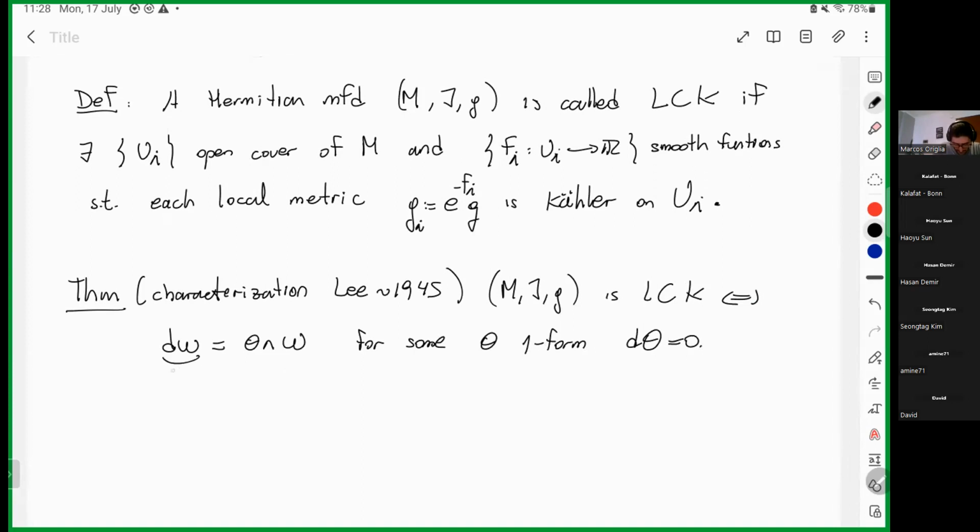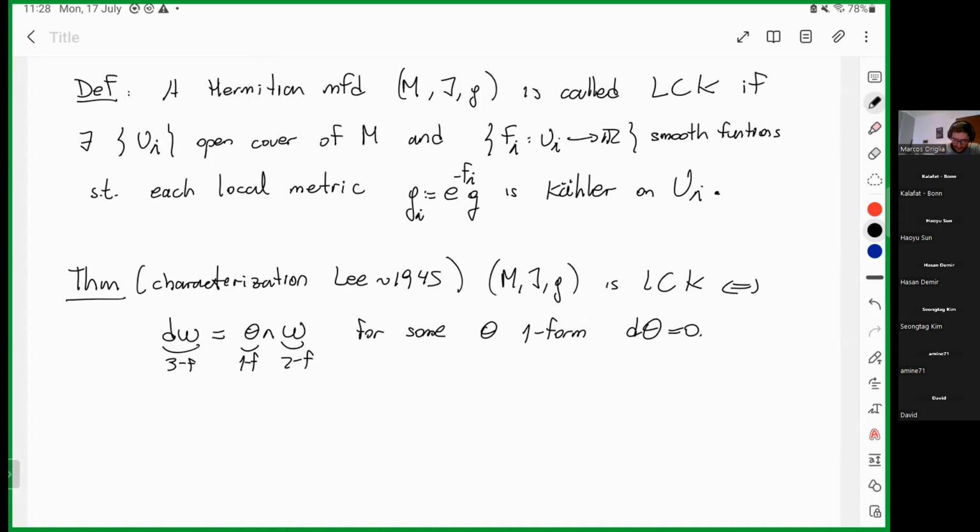Omega is a 3 form. Now here we have a 1 form wedge a 2 form, so yes, it's a 3 form. That's the characterization we will use for a locally conformally Kähler metric.